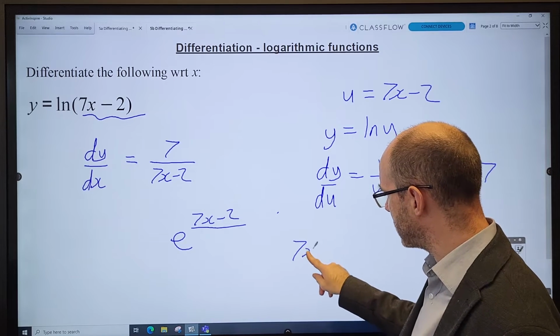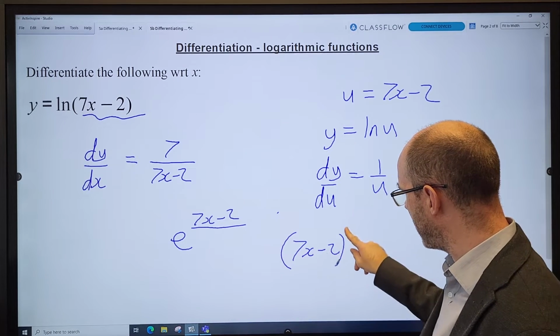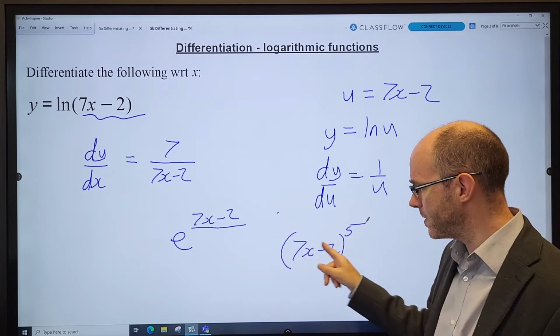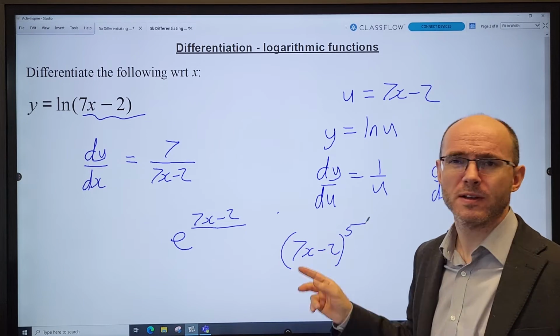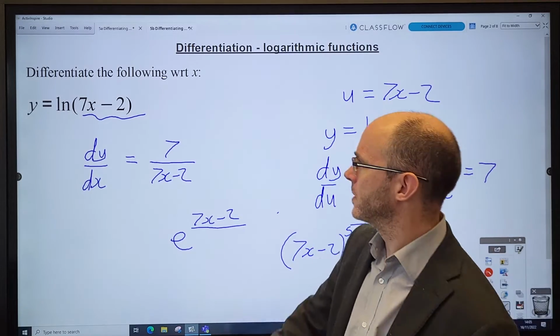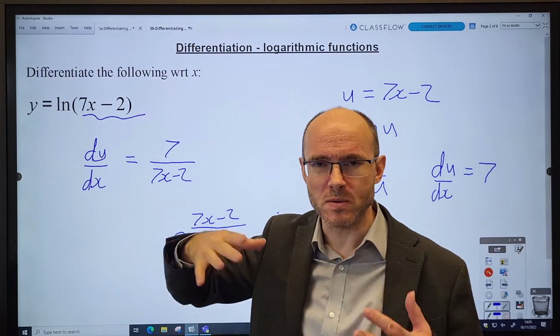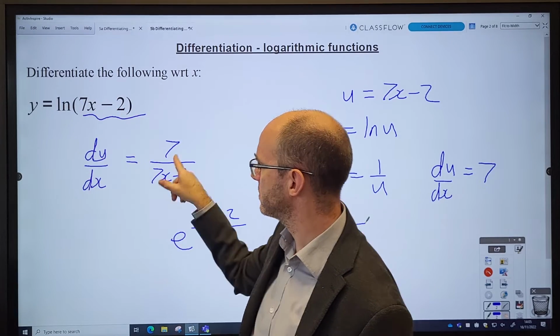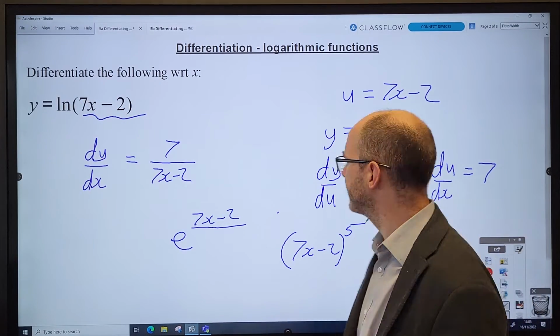If you had 7x minus 2 to the power of 5, you do 5 times 7x minus 2 to the power of 4 times the derivative of this, which is 7. All works exactly the same way, doesn't it? Okay, here, just get used to seeing it in terms of natural logarithms now. Natural logarithm of this, differentiate the bracket 7, so 7 over 7x minus 2.